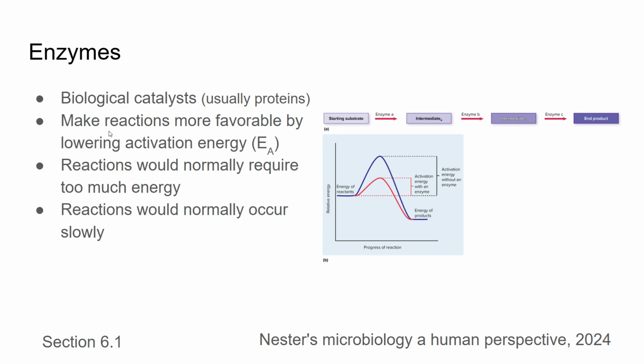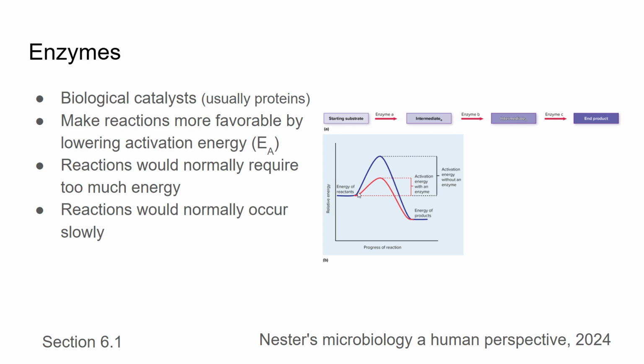The way that they speed them up is by making reactions more favorable, like by lowering the activation energy. So if we look at this graph, we have the relative energy required for each of these states. In order for a chemical reaction to occur, we're going to need our products to have a small investment of energy.